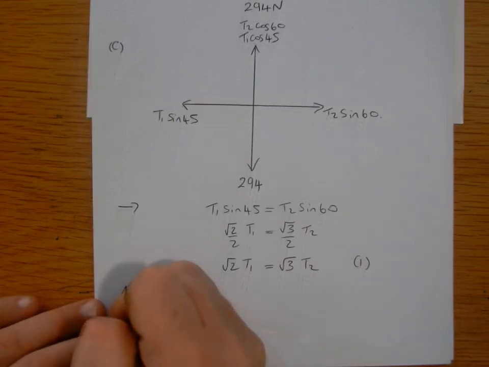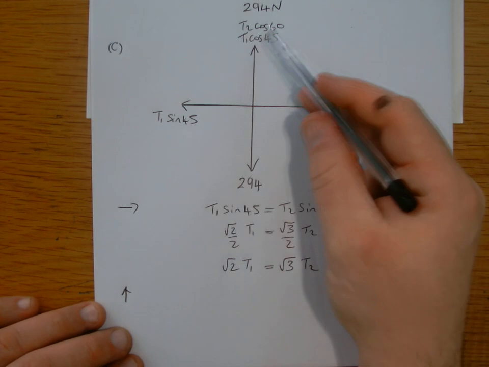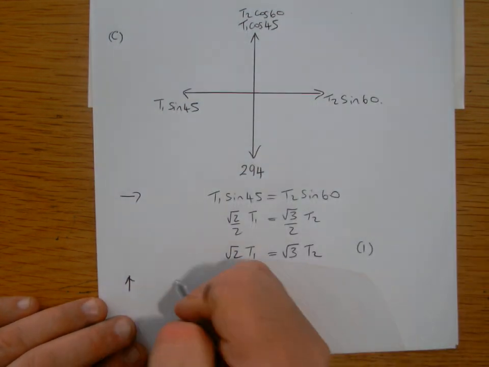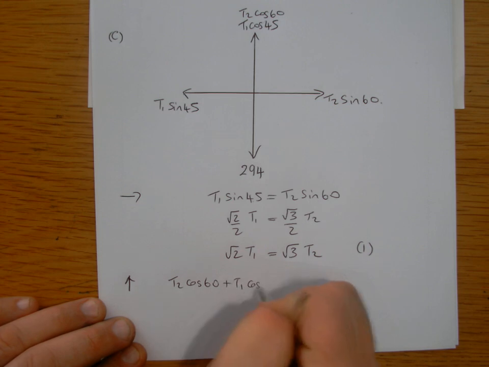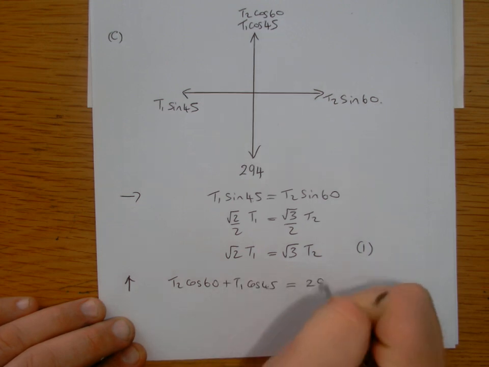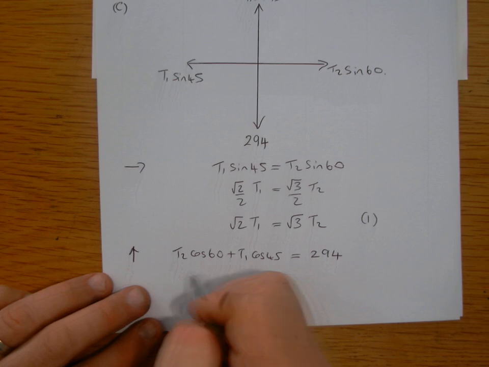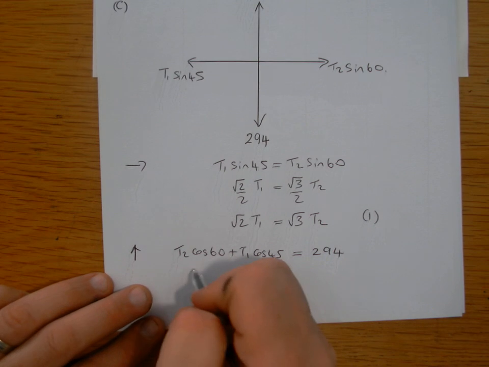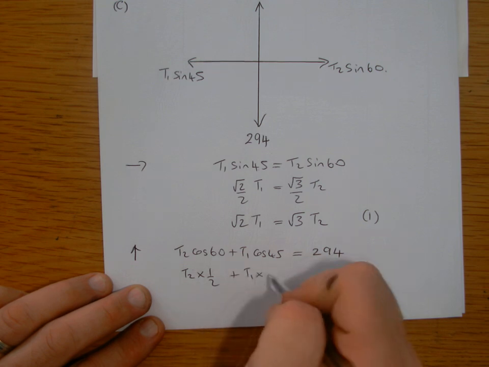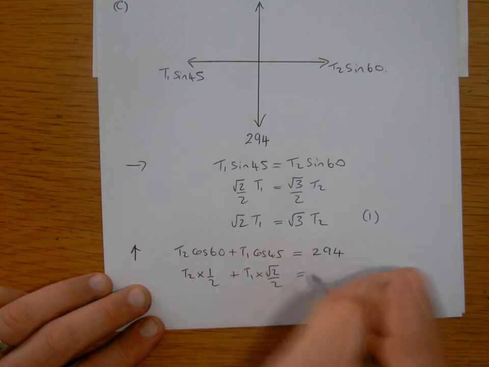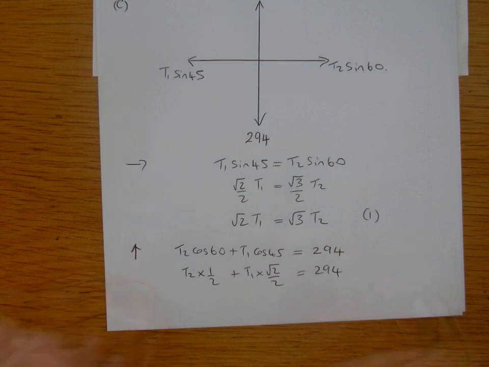When we resolve vertically, we've got these two forces combined going upwards, T2 cos 60 plus T1 cos 45, that will equal 294. If we use our calculator, this will be T2 times a half, since cos 60 is a half, and then T1 times cos 45, that's root 2 upon 2, which is 294.